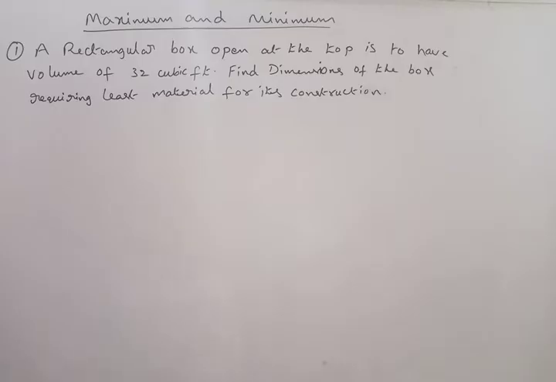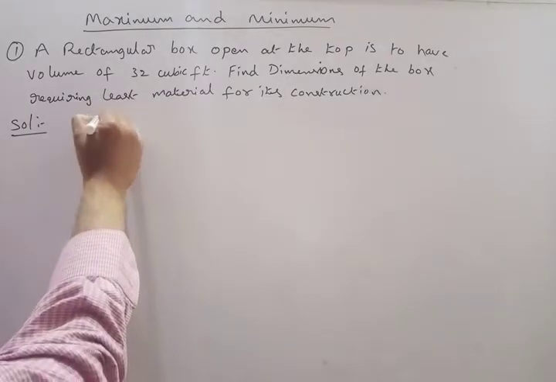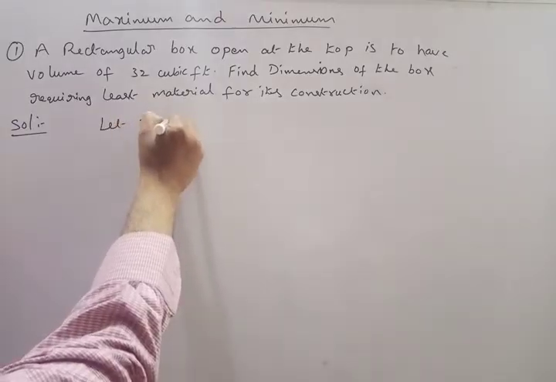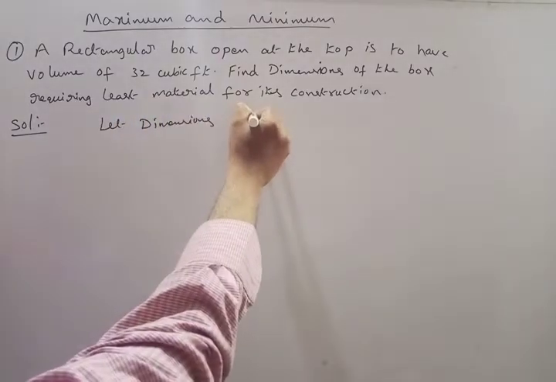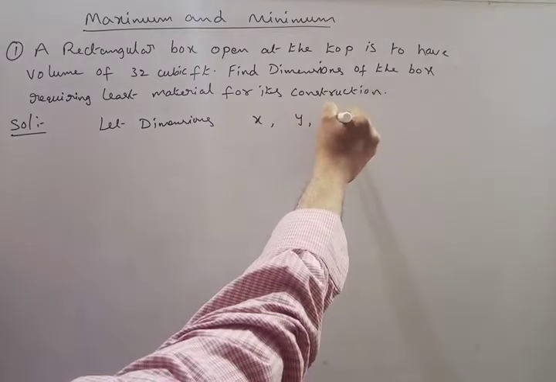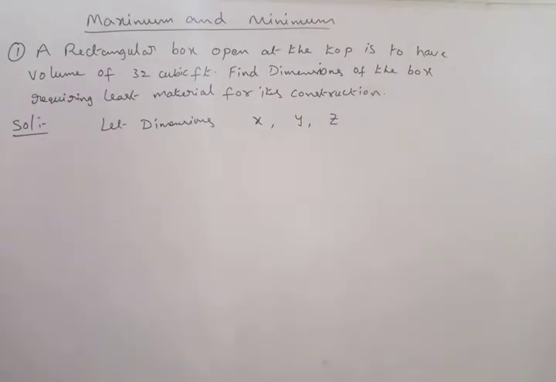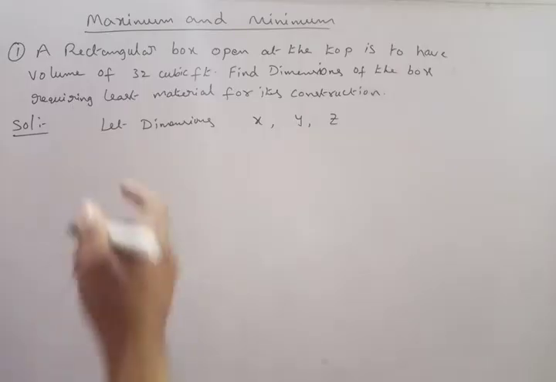To solve this problem, first let us take the dimensions of the box as x, y and z, that is height, width and length. Then what will be the surface area?